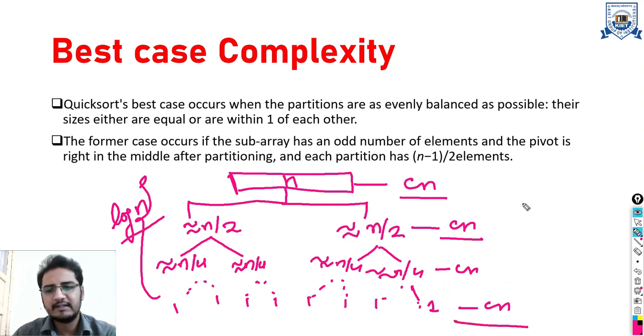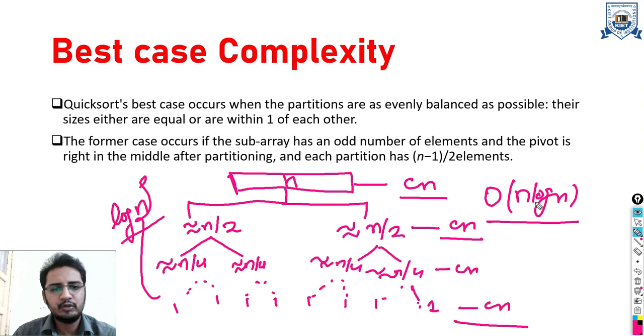So when you add this, you will get a complexity of order of n log n, and this complexity is equivalent to the merge sort complexity. In merge sort also you divide the array by half. So in a quicksort, if you do the partition in which you are getting the division from mid, then the complexity will be same as that of a merge sort.